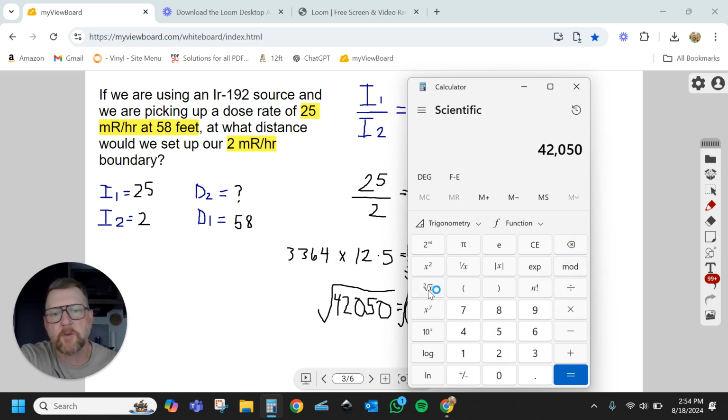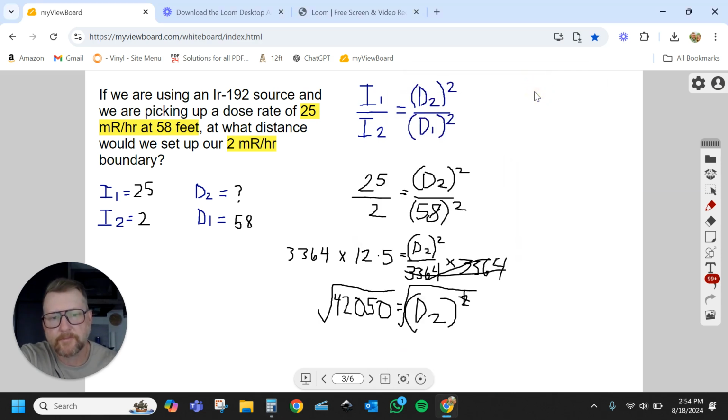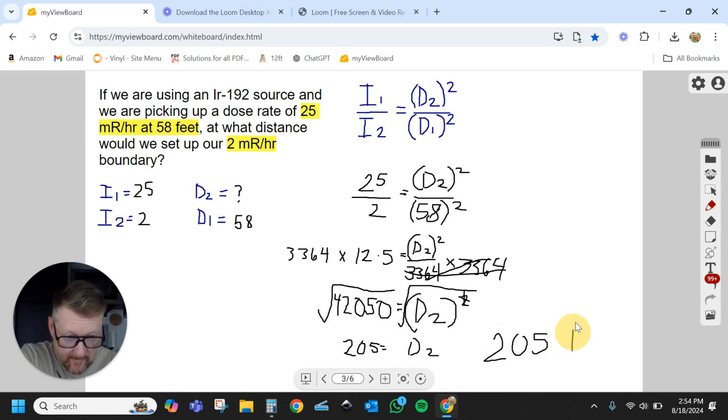And then this little 2 over the square root symbol equals 205. So distance 2 is going to be 205 feet. Since it's distance, it's feet. Don't forget to put feet. Otherwise, they'll put 205 MR per hour maybe on the test and screw you all up.